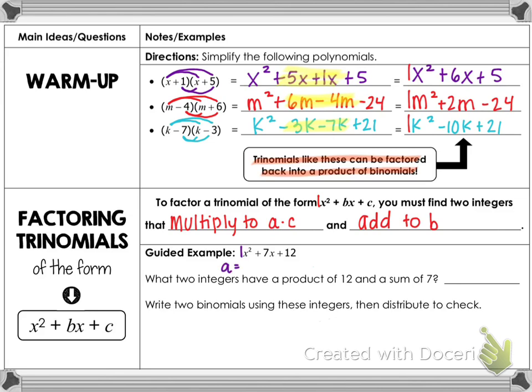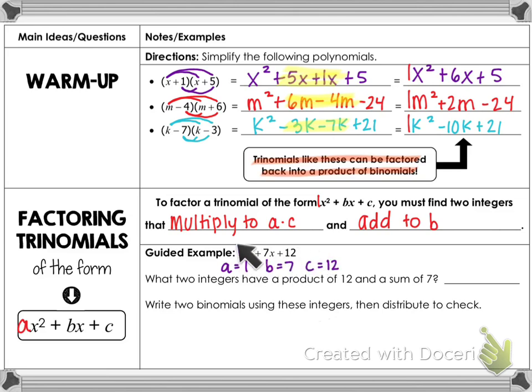So we're always going to label a, b, and c, okay? So technically, this can be written as ax squared plus bx plus c. A is always going to be 1 in this case, only in this lesson. I'm going to introduce other numbers besides 1, but for now it's just going to be a 1. B is 7 and c is 12.